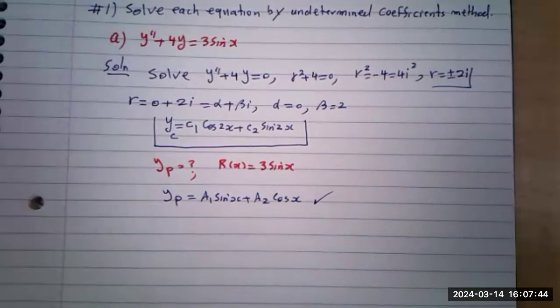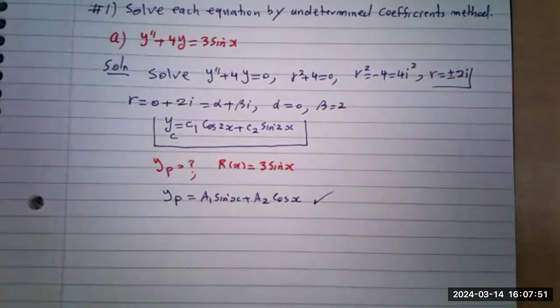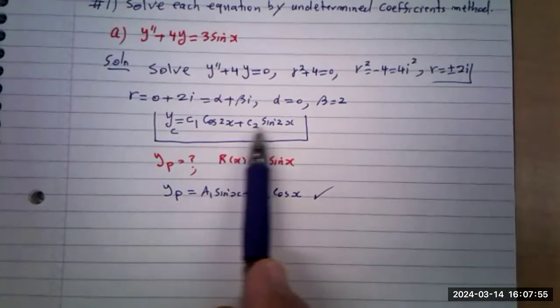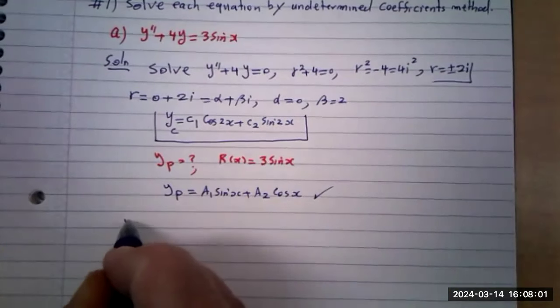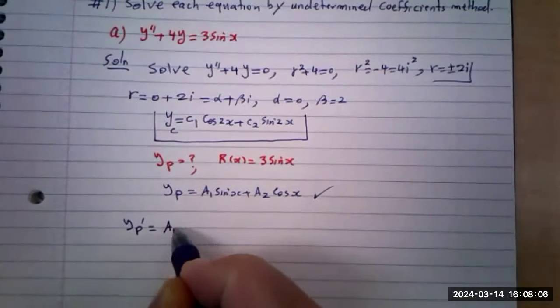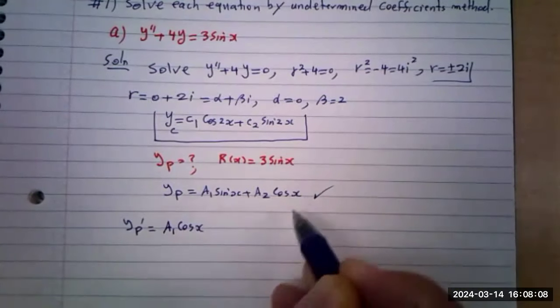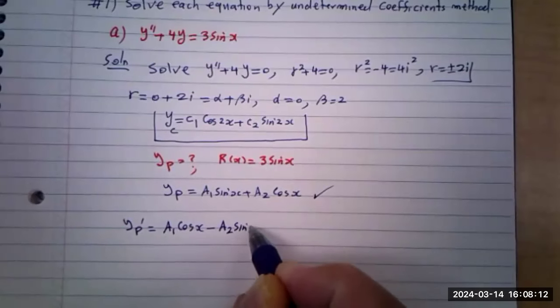So checking is completed. Now you have to find the derivative, substitute into the original equation, and find A1 and A2. Okay, any question? So there are no duplicated terms, so you don't have to multiply this one by x or x squared. So find the y prime. Y prime would be A1 cosine of x, and this is going to be minus A2 sine of x.